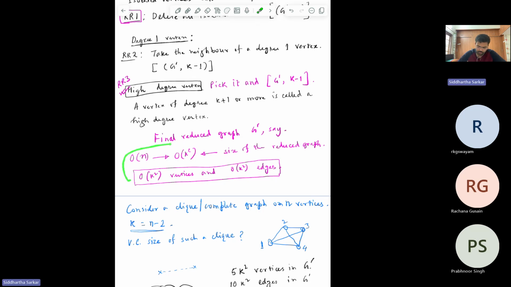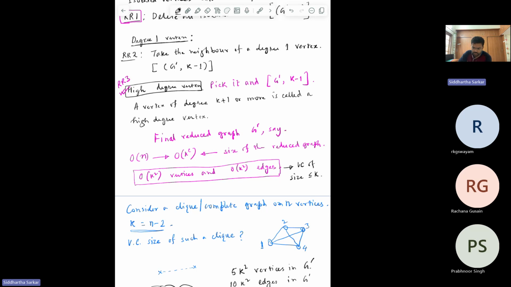So I have to say one more thing. We want to say that after the reduction is done, in the final reduced graph, if there are so many vertices and so many edges, then there is a vertex cover of size at most k.